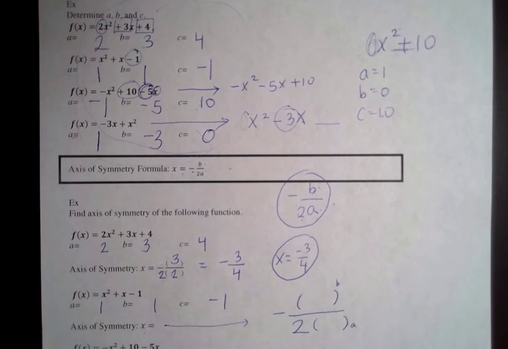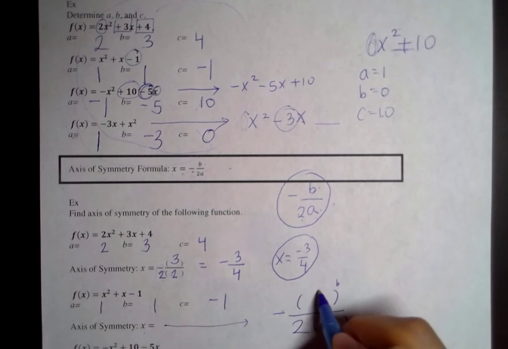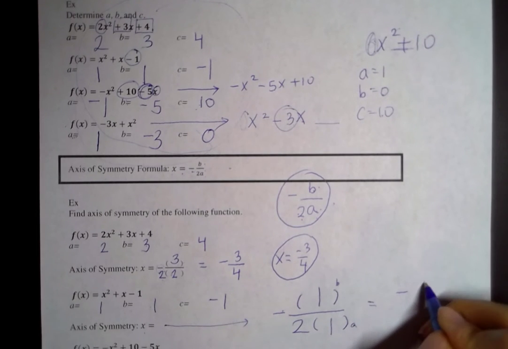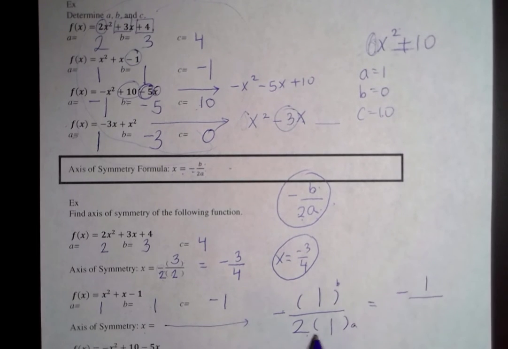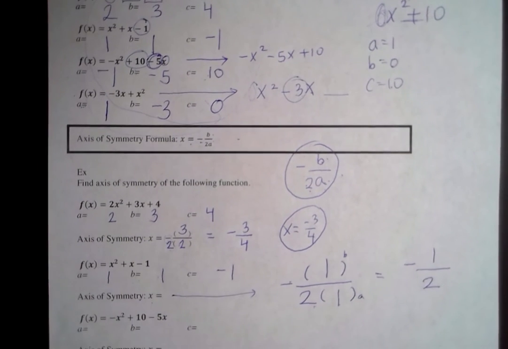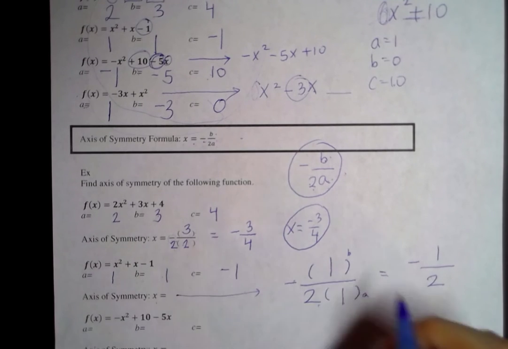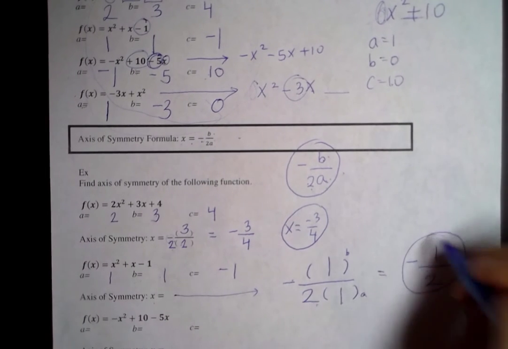Let's put the numbers. Negative, what's my b? 1. What's my a? 1. Then you get negative 1 over, what's 2 times 1? That is 2. So negative 1 over 2 is my axis of symmetry.